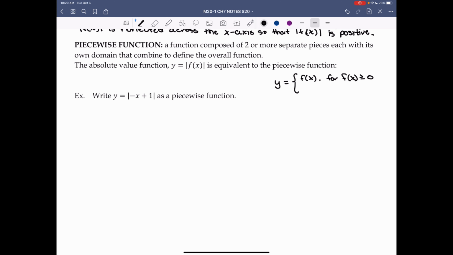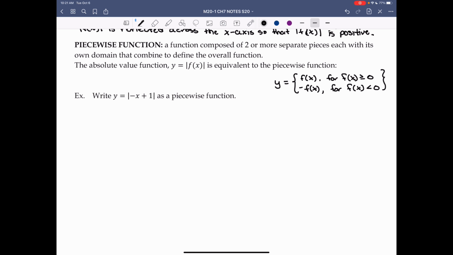And if we think back to chapter 3.4, a reflection across the x-axis was represented by a negative a value. So if we have negative 1 as our a value, then our function would be negative f of x, and that would be for f of x less than 0. And then we close our curly brackets.